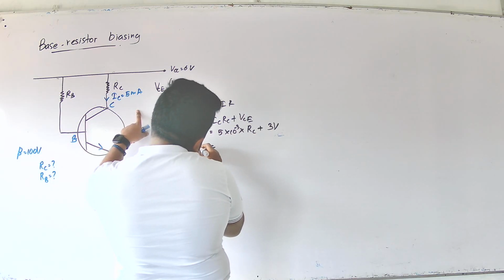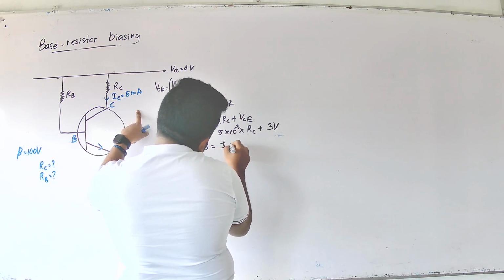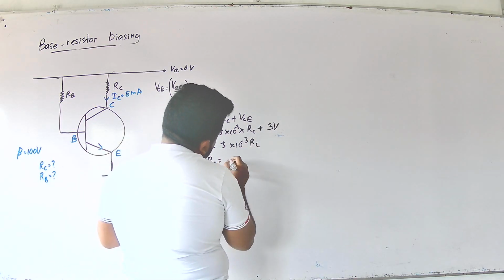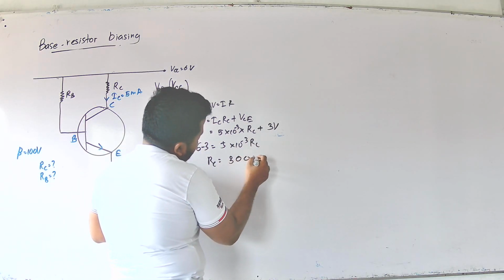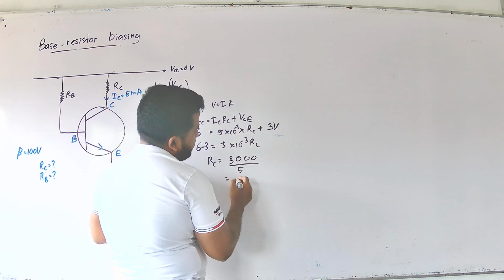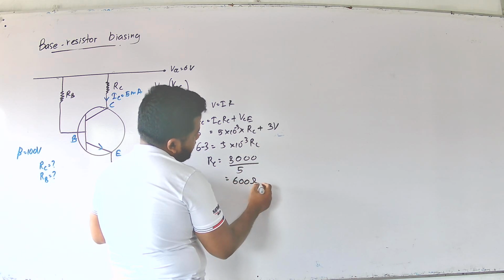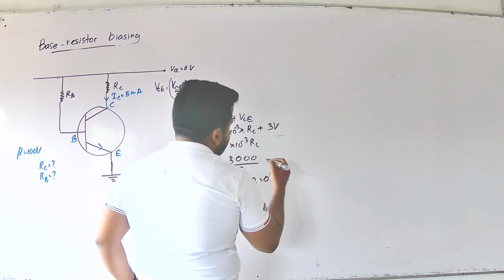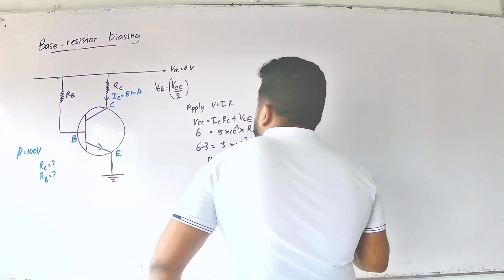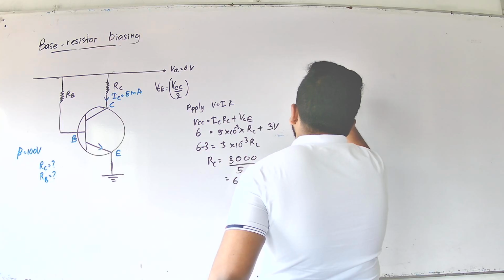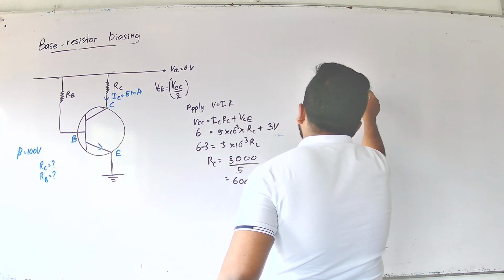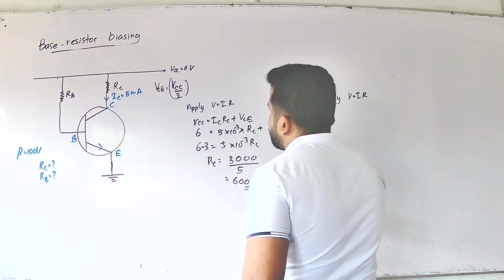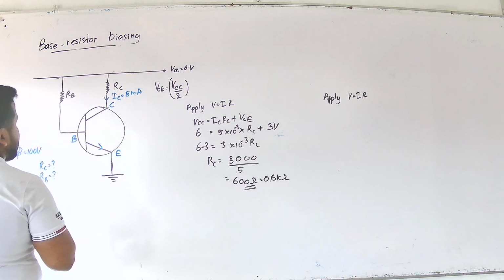That means 6 minus 3 equals 5 into 10 to the power minus 3 times RC. So RC equals 3000 over 5, which is 600 ohms, right? That means 0.6 kilo ohm. Then we have to apply V equals IR again to the other branch.